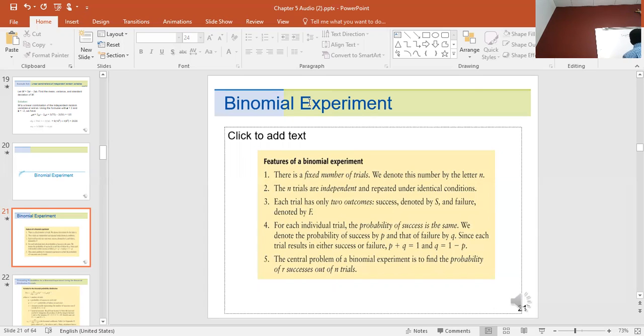The probability distribution of a binomial random variable is called a binomial distribution.